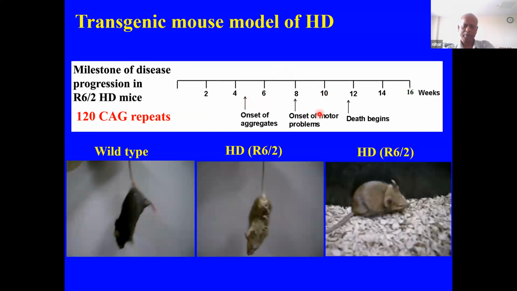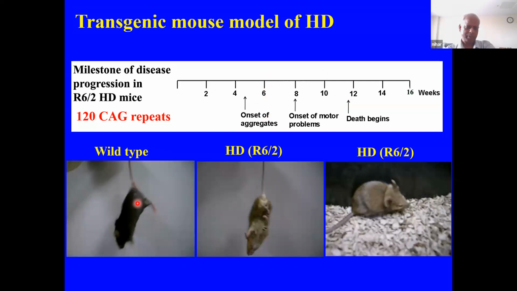Then the typical motor problem appears at about 8 weeks of age, and it progresses very, very rapidly. By around 12 weeks, mice start dying, and by about 120 to 130 days, almost all mice die. It's a very short lifespan to understand.